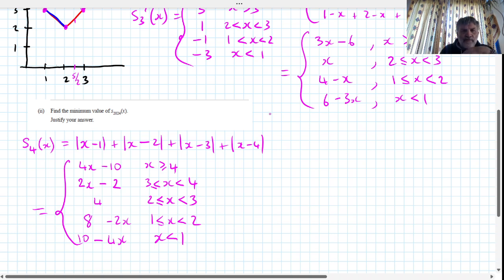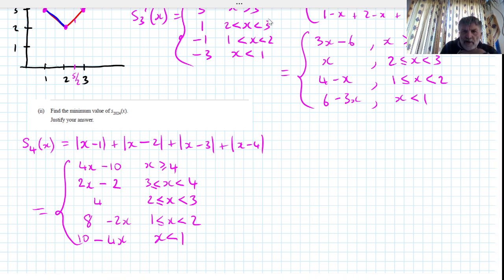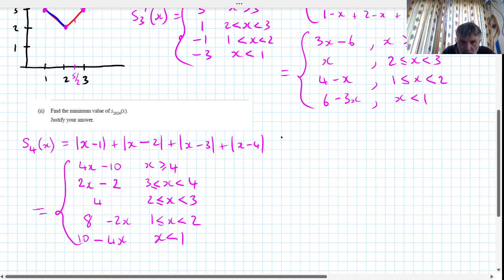And if we drew a picture of that, again, you don't have to do all of this, but I think it's going to help us. 1, 2, 3, 4. Now this one's easy.